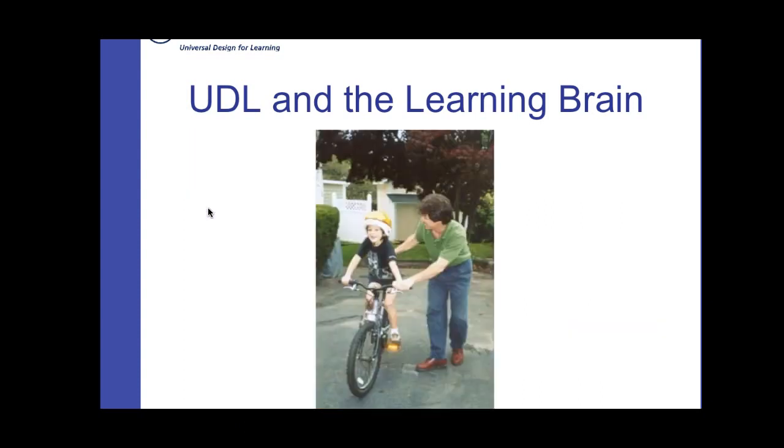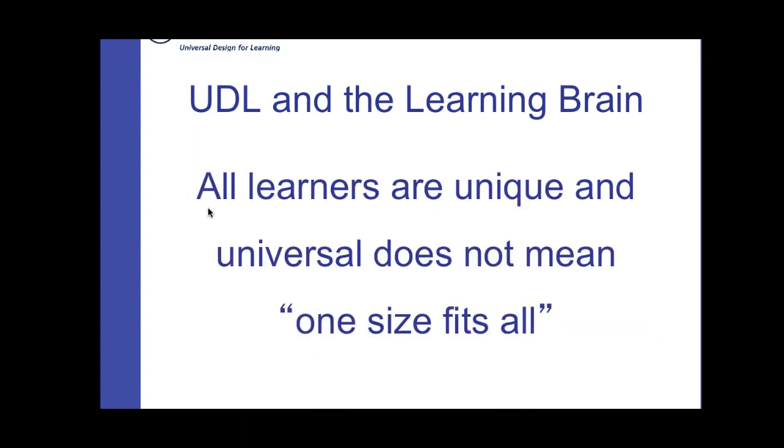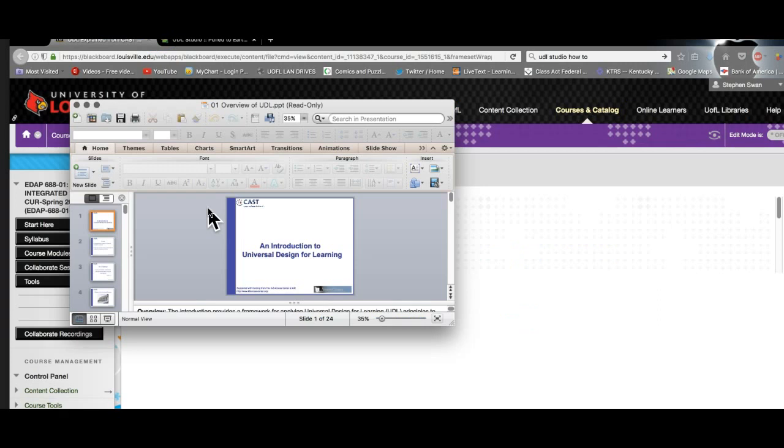What UDL says is we have ways to promote this zone of proximal development so that the task isn't too difficult, or the task can be expanded to challenge the learner who finds that it's too easy. And as you can see, this is a common misconception about that one size fits all.